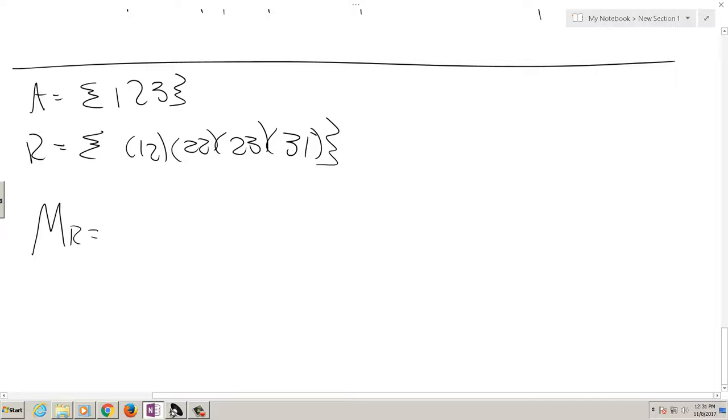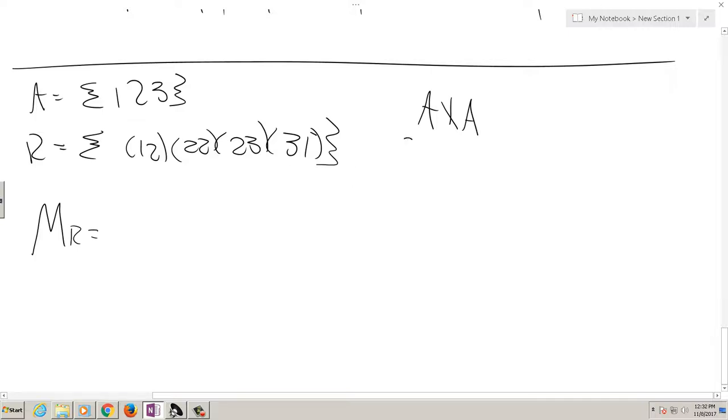So the matrix of the relation, if a relation is the subset of the cross product of a set with itself, is the product of either a matrix with itself or a matrix with another matrix.